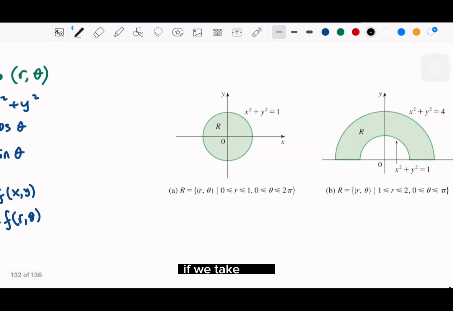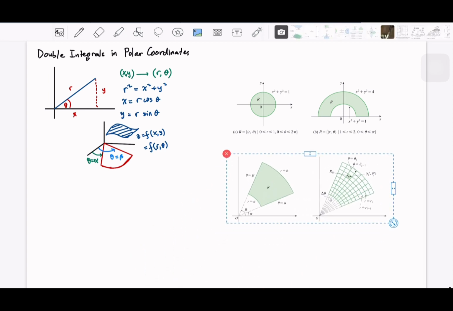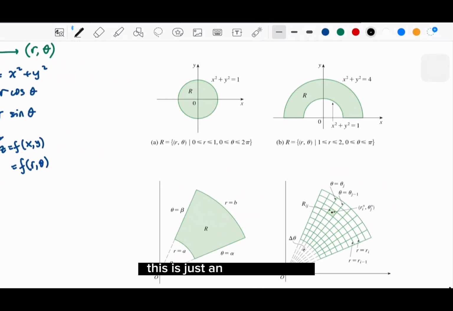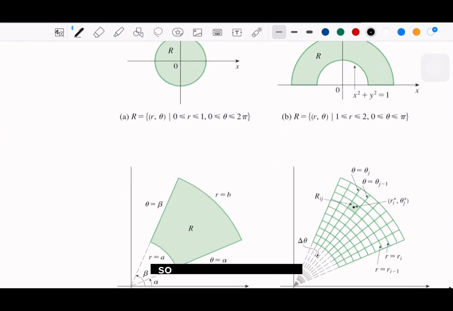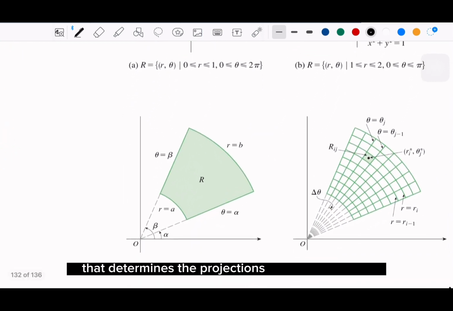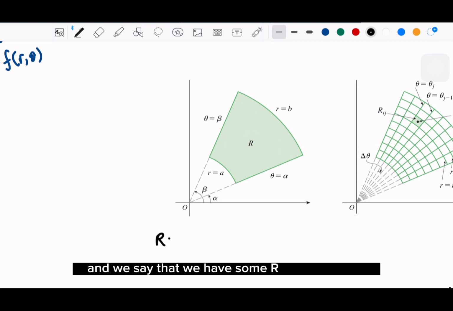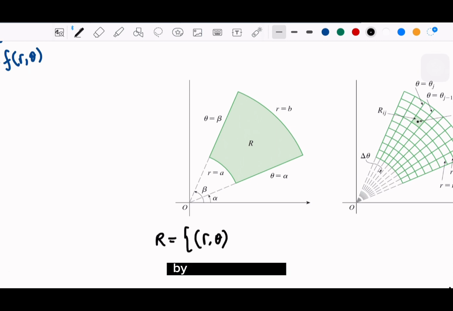For example, this is just an example on R. We are focused on R, which determines the projection into the xy plane, and we say that we have some R that is defined by r and theta.